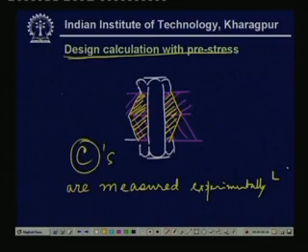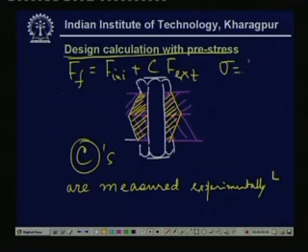This is how the bolts are to be designed whenever there is pre-stress. So we have F equal to F initial plus C times F external. We calculate sigma based on F, and all other relationships for the pre-stress case are the same as those without pre-stress.